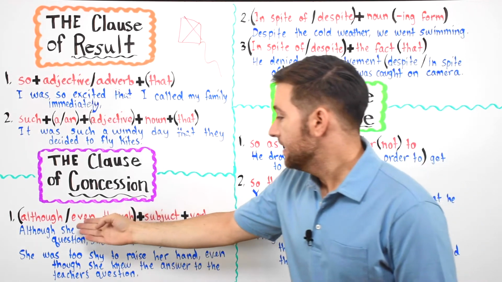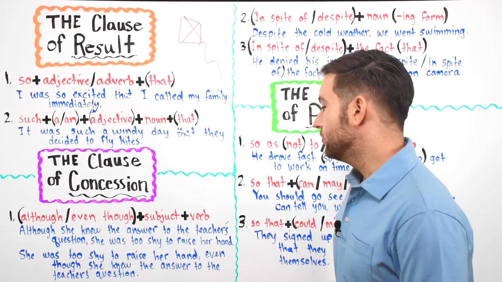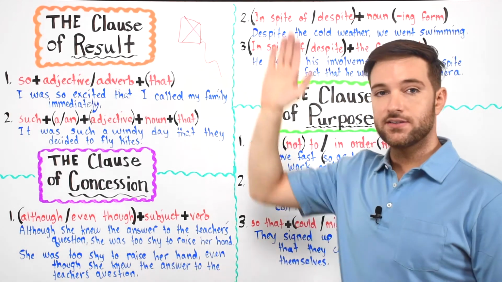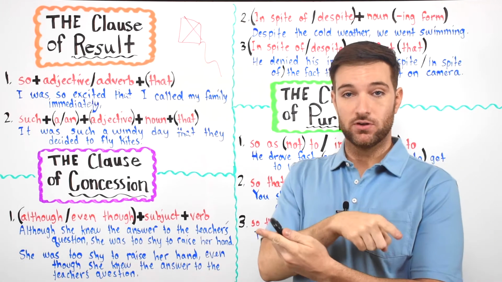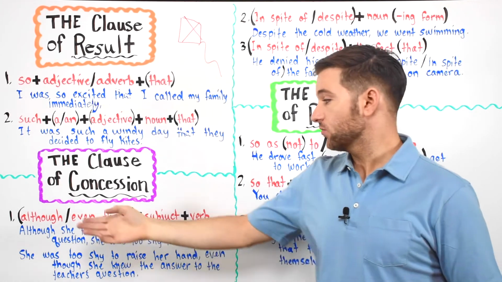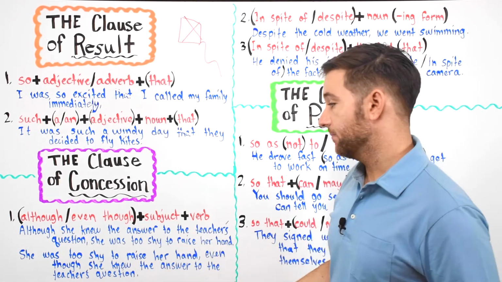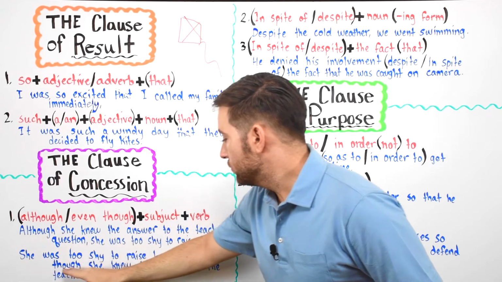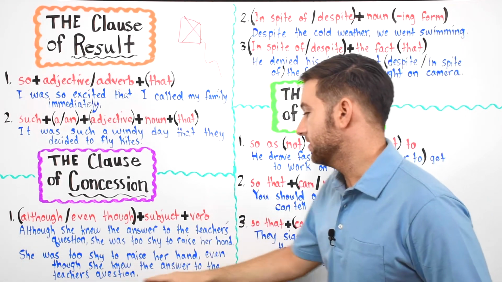Or you could say, even though she knew the answer to the teacher's question, she was too shy to raise her hand, okay? You can also say it backwards, okay? By placing these words here in the middle of the sentence. For example, she was too shy to raise her hand even though she knew the answer to the teacher's question.